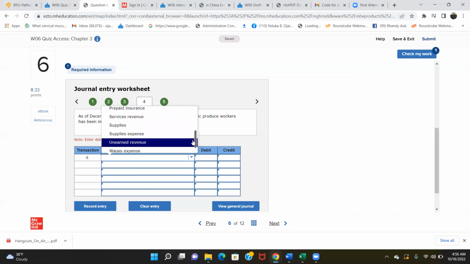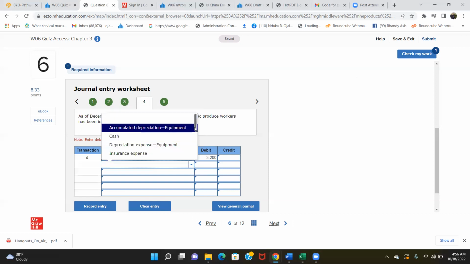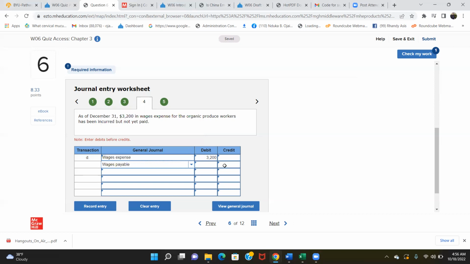So you look for wages expense and you debit it for $3,200. And then you look for wages payable, and then you credit it for the same amount, $3,200. So that solves problem number 4.